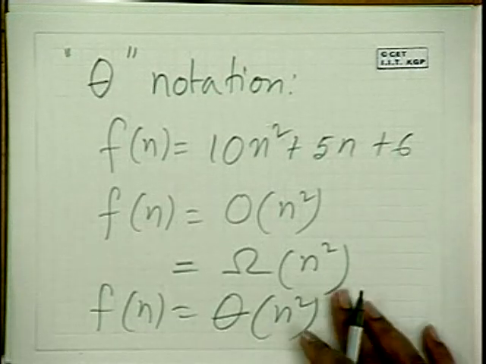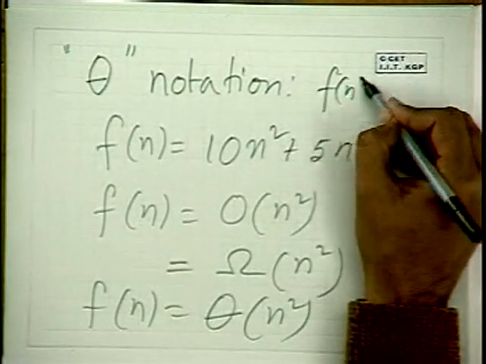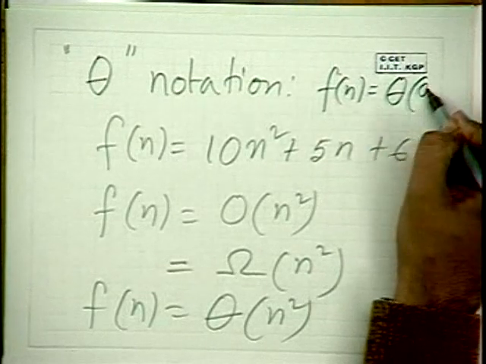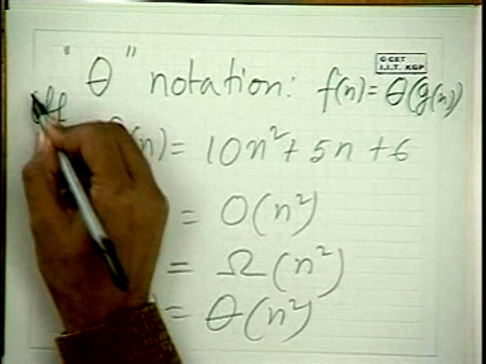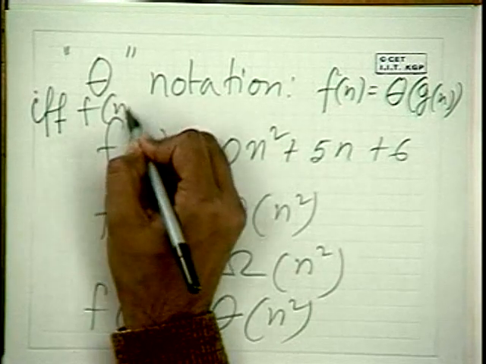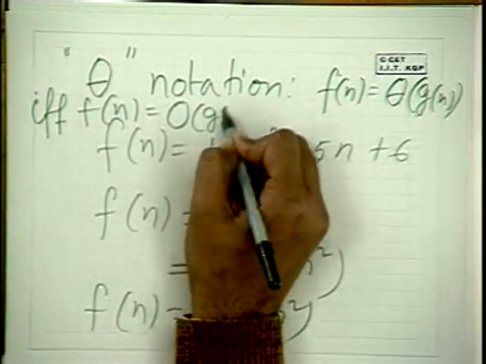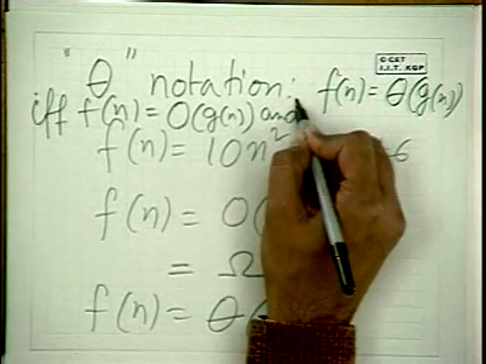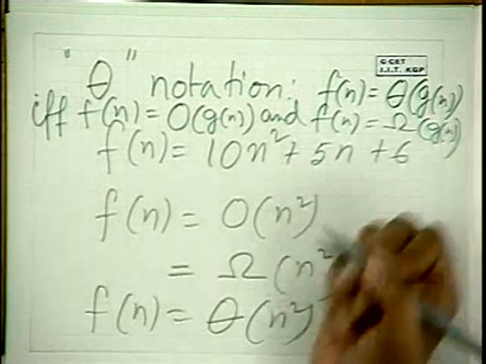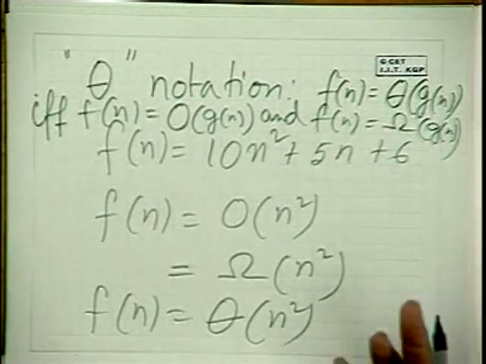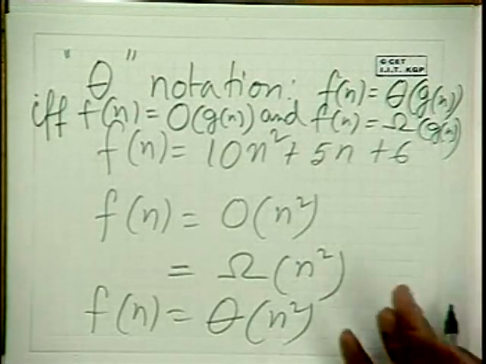So what is the definition? Basically f(n) is theta g(n) if and only if f(n) is order of g(n) and f(n) is omega of g(n). If both are true for the same function g(n), then it is theta of g(n).